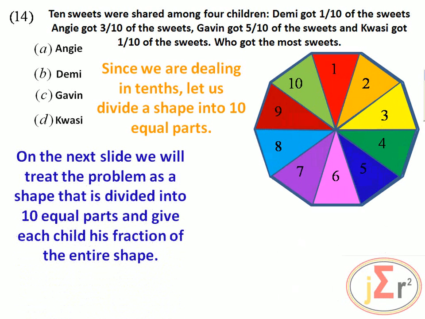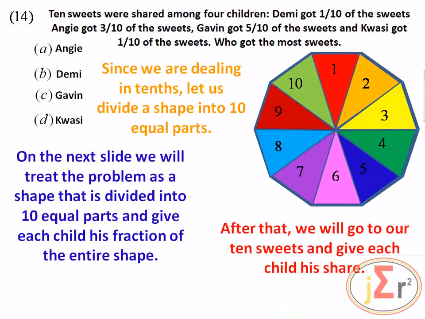On the next slide, we will treat the problem as a shape that is divided into 10 equal parts and give each child his fraction of the entire shape. After that, we will go to our 10 sweets and give each child his share.